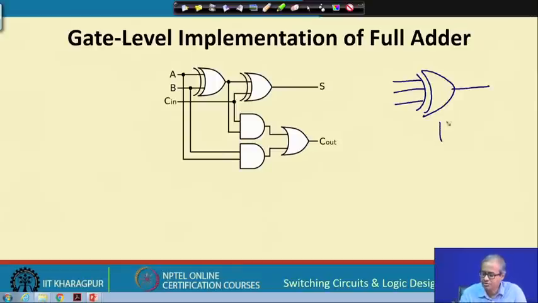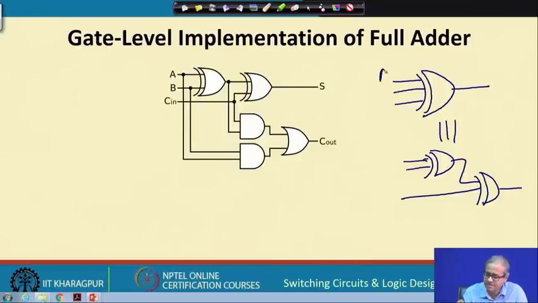Now, a 3 input XOR gate can also be implemented as a cascade of 2 input XORs. If these are A, B and C in, you can have A, B here and C in here, these two are equivalent. So, here we have done the same thing for generating sum, and for generating the carry we are taking the output from this place.